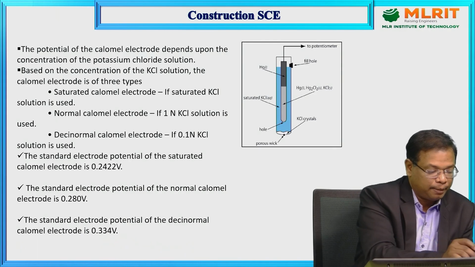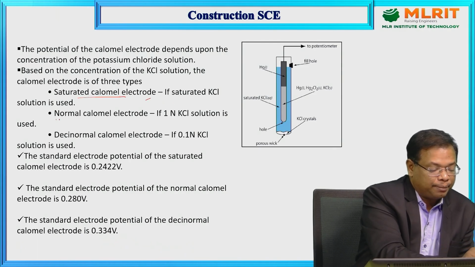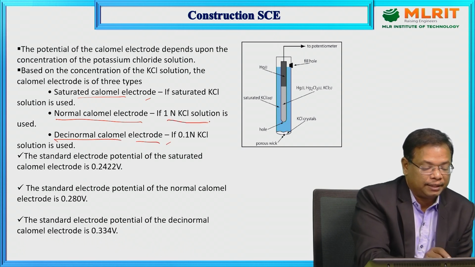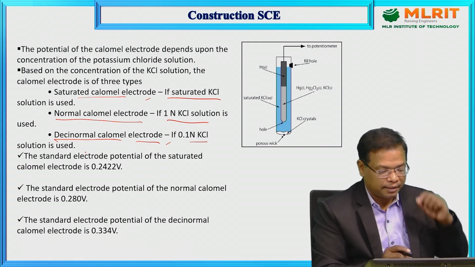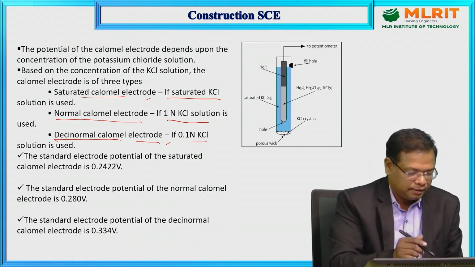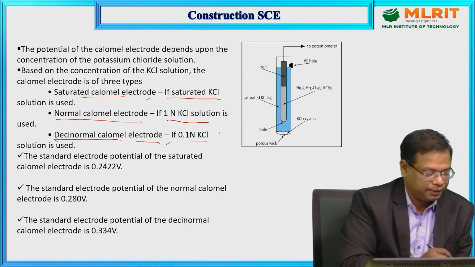Depending upon the concentration of KCl we take, it is represented as three different electrodes.